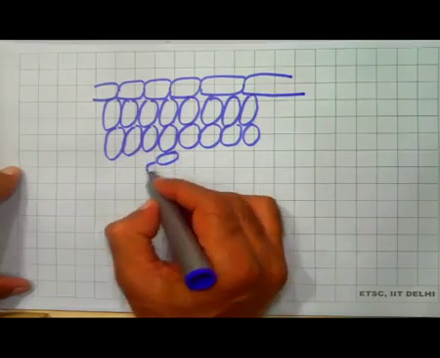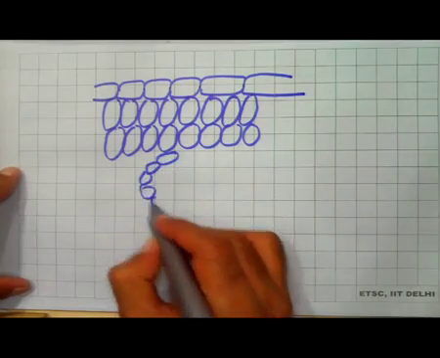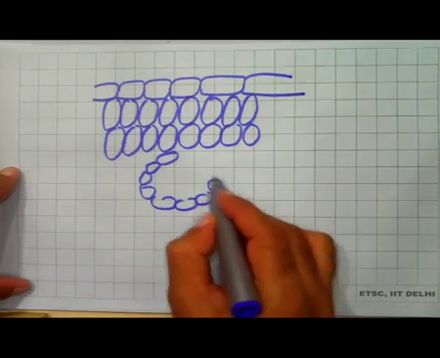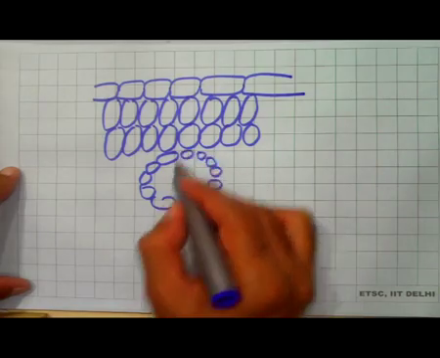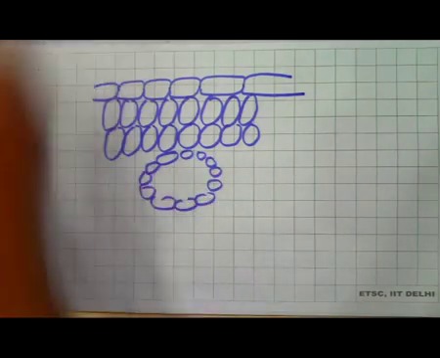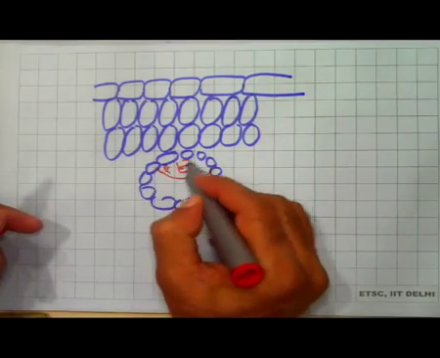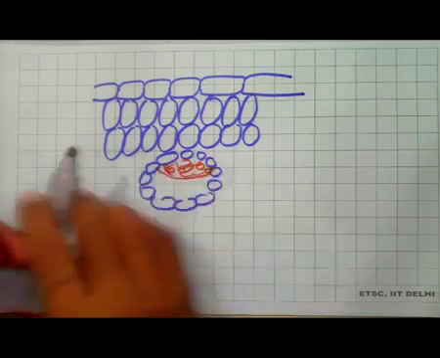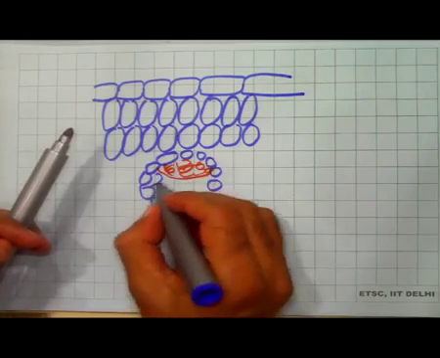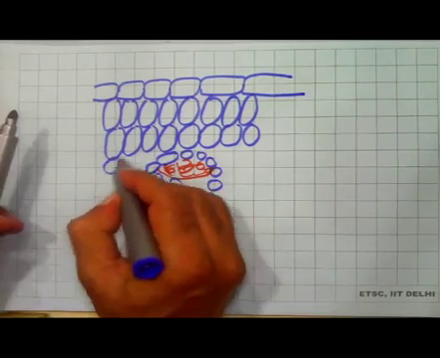Then vascular bundles are there, where xylem and phloem are present.